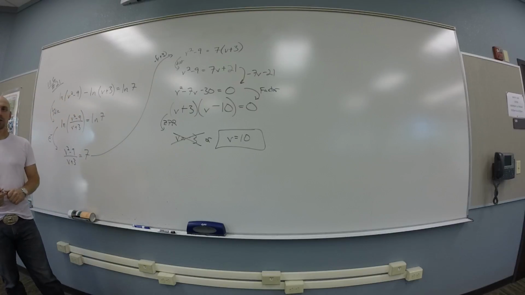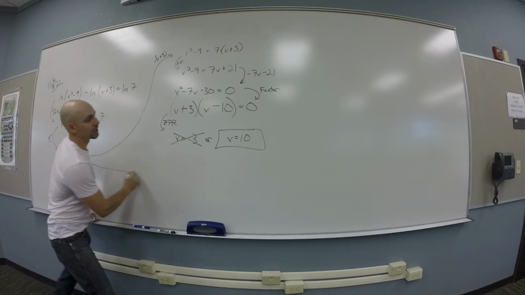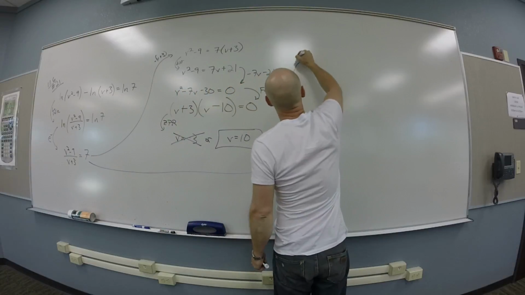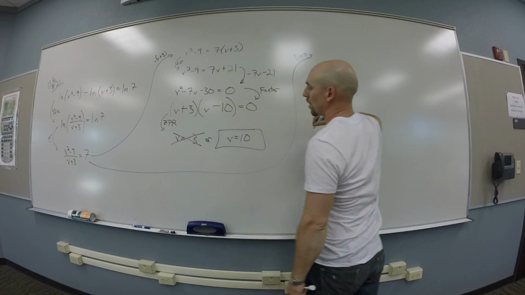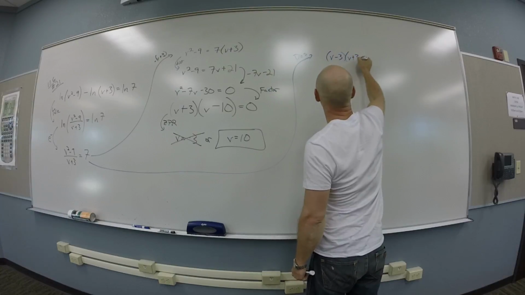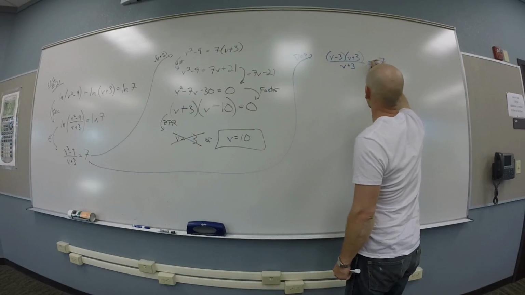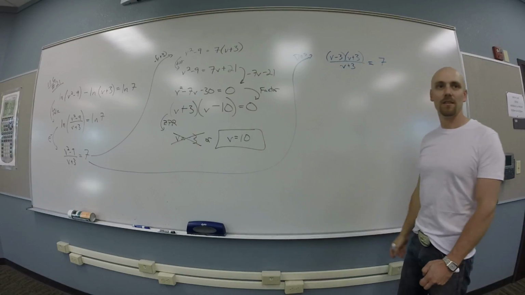Cool? You want to see the other way? The other way will be a little easier. The other way is to notice the difference of squares. So if you notice difference of squares, you've got (b minus 3) times (b plus 3) over (b plus 3) is 7. Then what do you notice?